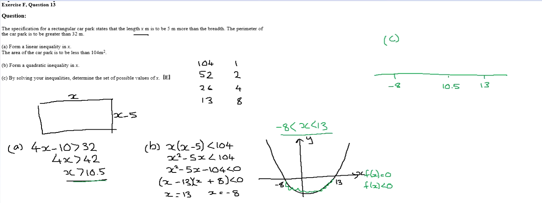Our last answer, this bit in green, told us it can be anywhere in here to satisfy the area problem. But to satisfy the perimeter problem, it had to be bigger than 10.5. So what we're looking for now is this overlap, which tells me the x value can be less than 13, but it has to be more than 10.5 to meet both inequalities. And there you have it.